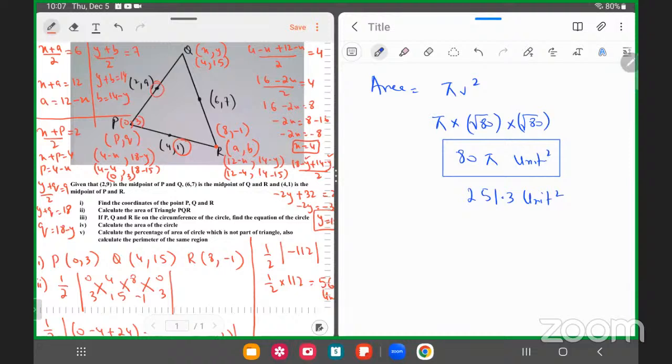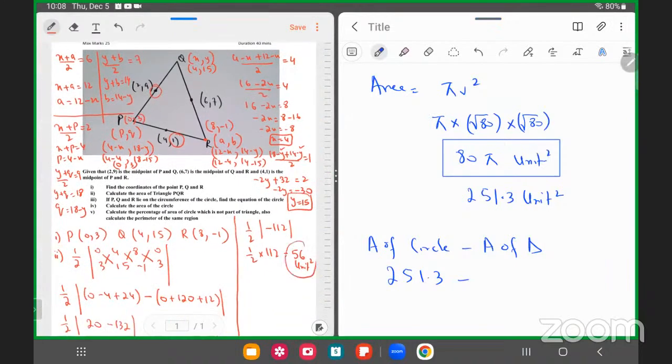Then the question says, calculate the percentage of area of the circle which is not part of the triangle. So area of circle minus area of triangle. Area of circle is 251.3. Area of triangle that we calculated earlier is 56. So 251.3 minus 56 is 195.3 unit squared.